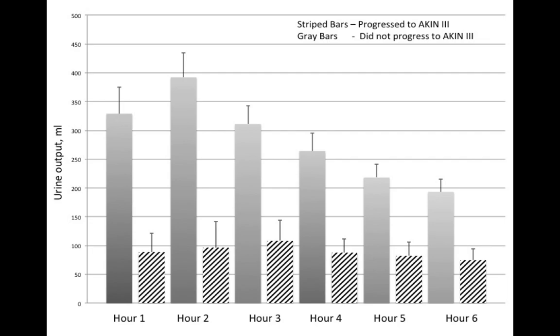Now, if the bedside clinician felt that the patient was volume overloaded, they had the option not to give all the volume back. But if they did not specify, all the urine output on an hourly basis that came out was replaced. So therefore, this is an isovolemic challenge of furosemide.